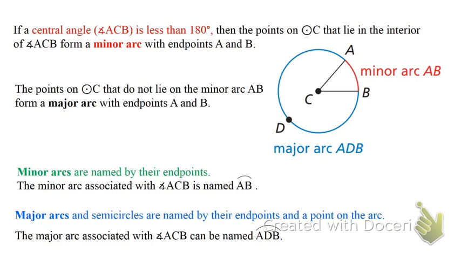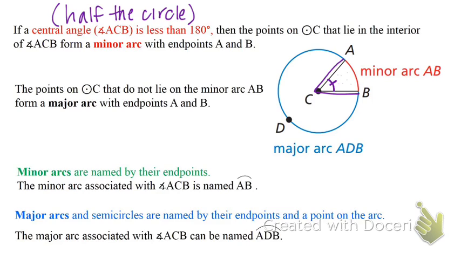So if the central angle, in this case, our central angle is here, angle ACB. If this central angle is less than 180 degrees, so in other words, it's less than what we would say is half the circle, then the parts of the angle are going to be on the interior of the circle, right?